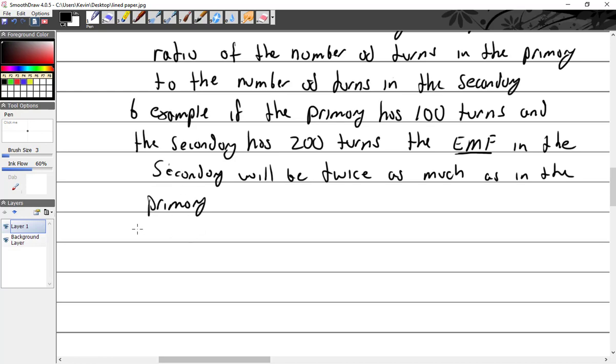So how about a formula? Some of you guys need some formula, I think. All right. EP over ES is equal to NP over NS. Care to guess what that is? E of P is voltage of primary.